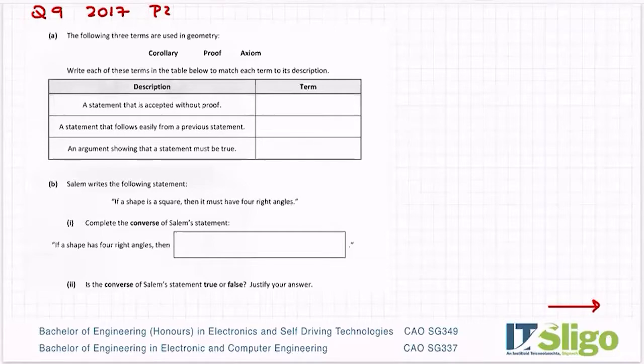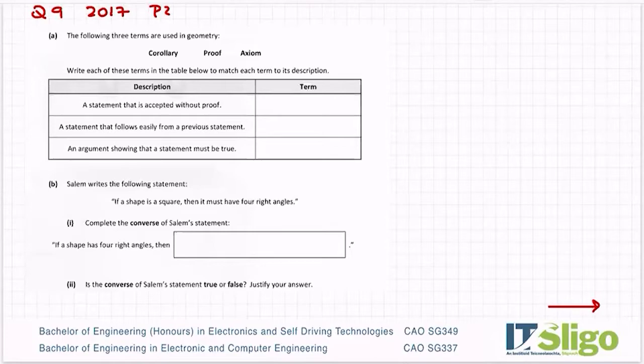The first description, a statement that is accepted without proof. Second one, a statement that follows easily from a previous statement. The third one, an argument showing that a statement must be true. Okay, so which one's which?